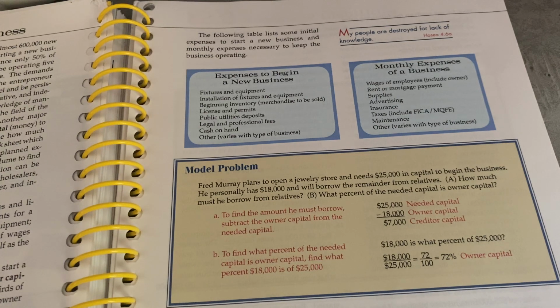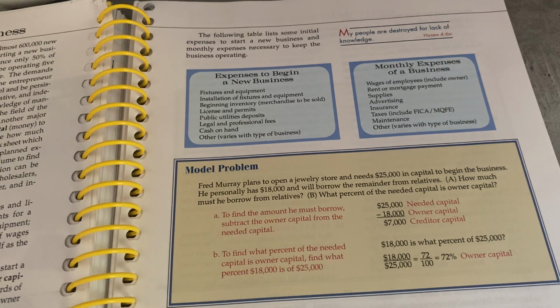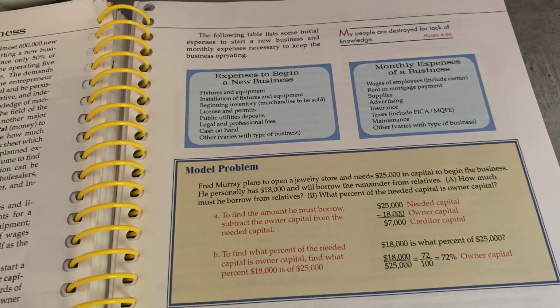And what percent of the needed capital is to be from the owner? So we look to find the amount he must borrow. You subtract the owner capital from the needed capital. So we know the capital he needs is $25,000, and he has $18,000 of owner capital. So he needs to borrow what? $7,000. You subtract and you get $7,000.